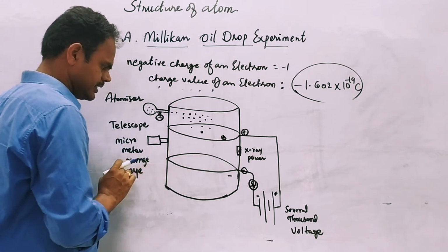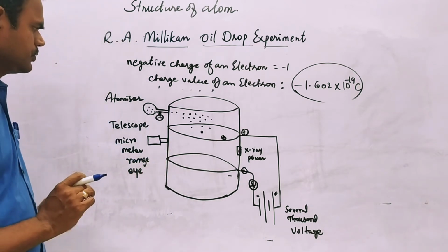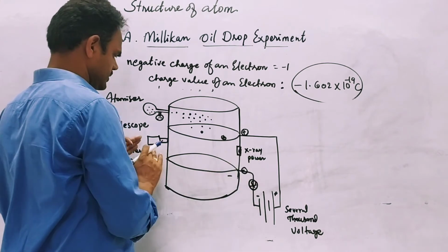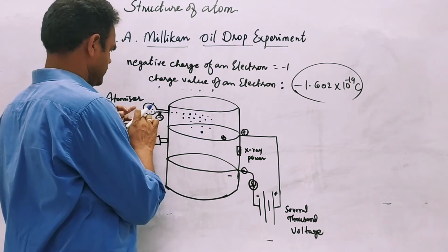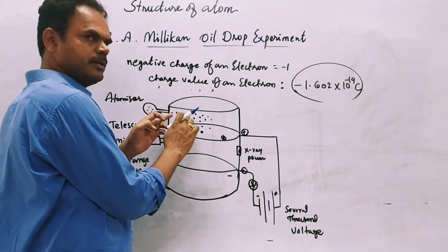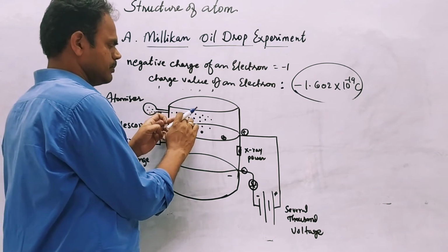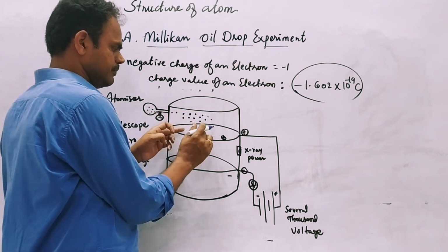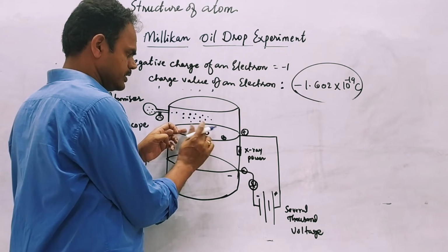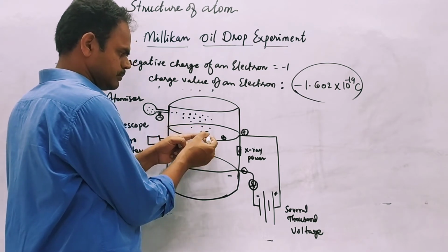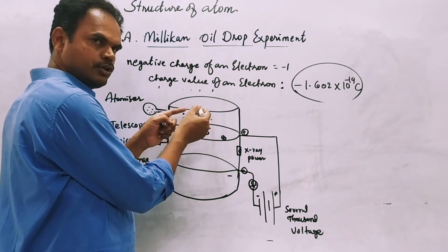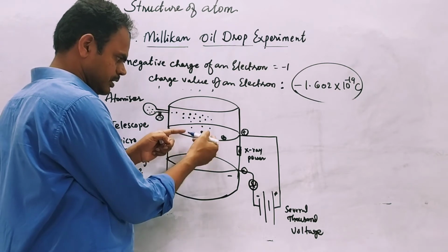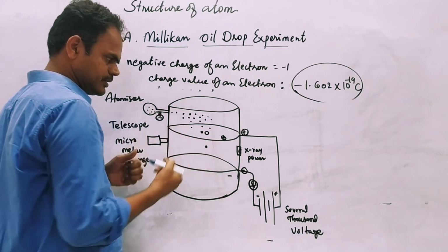So here is the X-ray power source, here is the telescope, and this is the atomizer through which we can pump the droplets of oil in the form of mist. There is a small pinhole here, and through this pinhole the oil droplets will fall down between the two metal condensers.